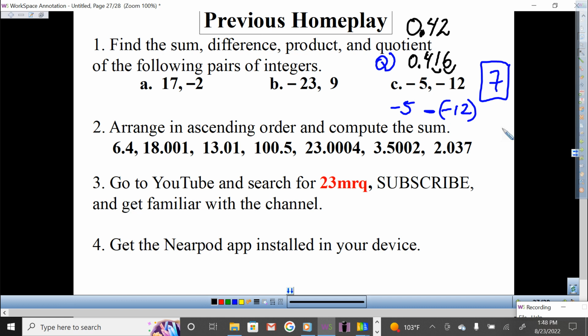All right, and last, not least, tell your neighbor the sum of number 2. Sum of number 2.